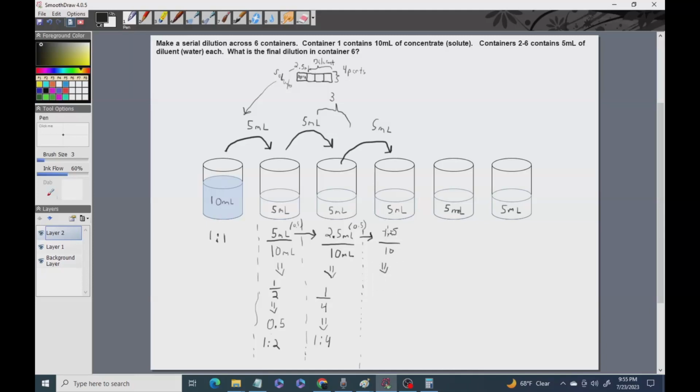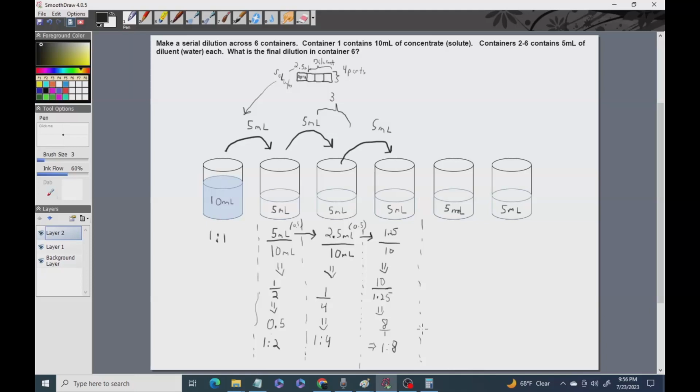And when you get a weird number like this, in order to make the ratio make more sense, you can also flip the term and that will give you 8 over 1, which is equal to a 1 to 8 dilution. So that's 1 to 8 dilution there.